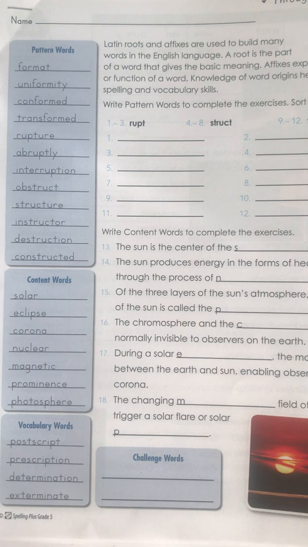Your content words are solar, eclipse, corona, nuclear, magnetic, prominence, photosphere. Our vocabulary words are postscript, prescription, determination, exterminate.